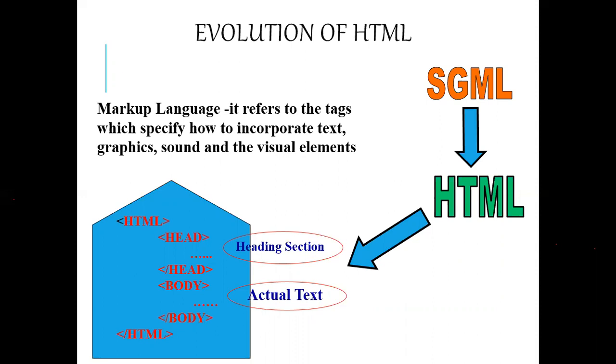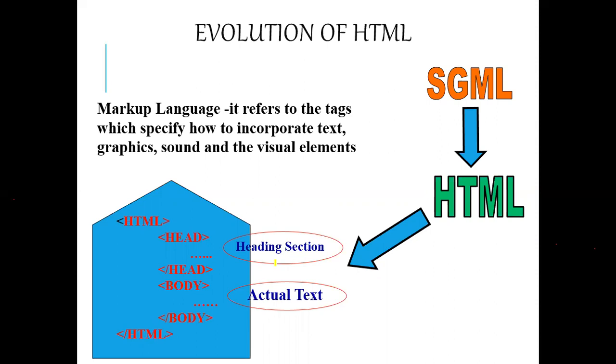When I talk about HTML, as its name says, it's the hypertext markup language. It's a language where you are going to have some tags. By using these tags, we are going to do the web designing.